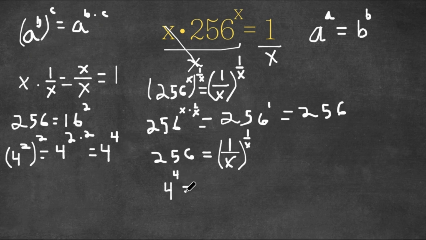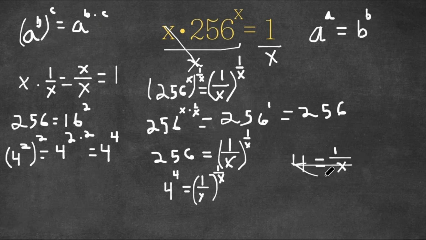And this is still equal to 1 over x to the power of 1 over x. Now all we have to do is set a equal to b. So 4 is equal to 1 over x, because if a to the power of a equals b to the power of b, then a is obviously equal to b.